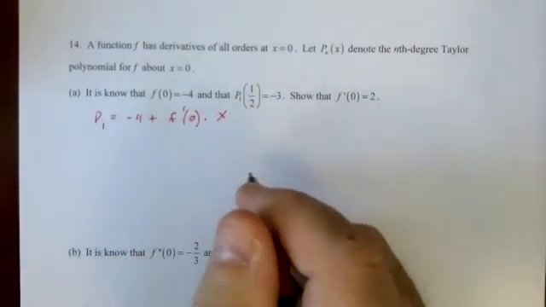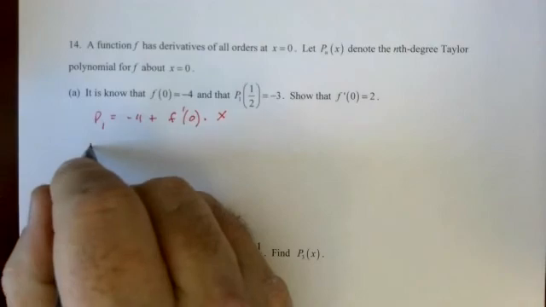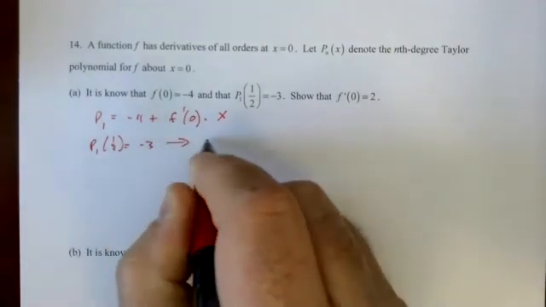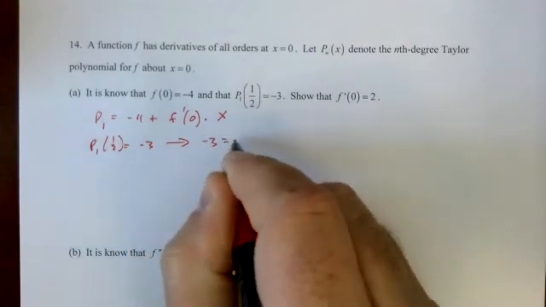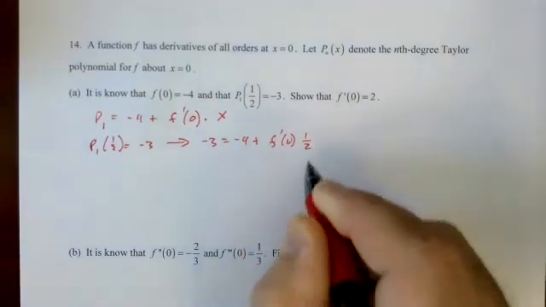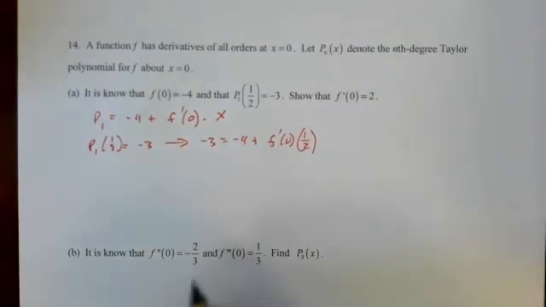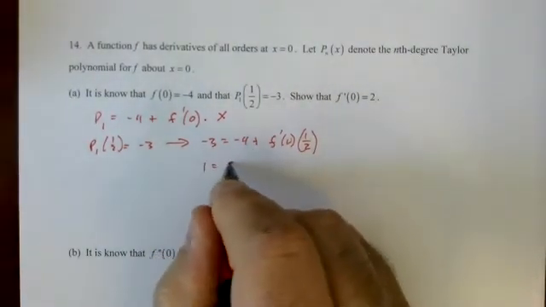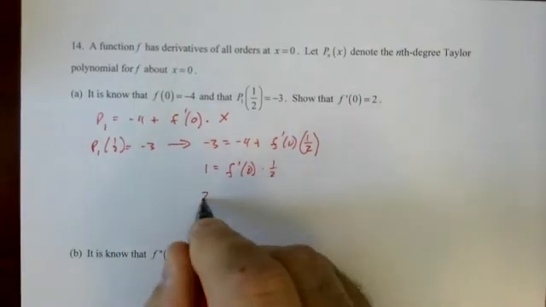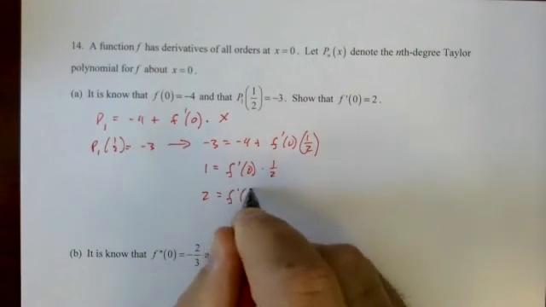There's nothing on the bottom. P1 of 1/2 equals -3. So -3 equals -4 plus f prime of 0 times 1/2. Add 4, 1 equals f prime of 0 times 1/2. Multiply by 2, 2 equals f prime of 0.